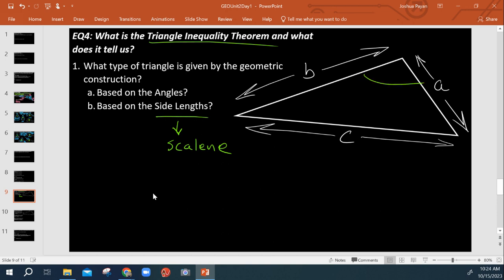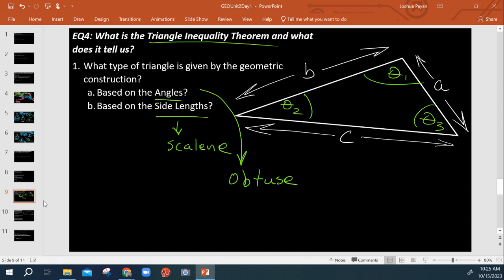And if I go ahead and label this theta 1, theta 2, theta 3, based on the angles, this is obviously an obtuse triangle. So we could say it's scalene obtuse or obtuse scalene, right?